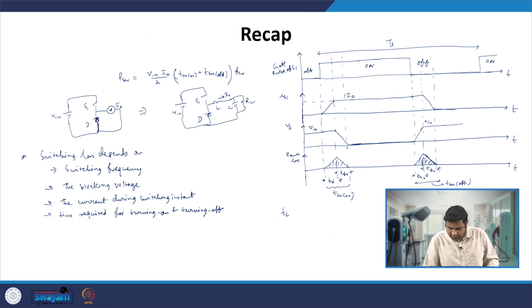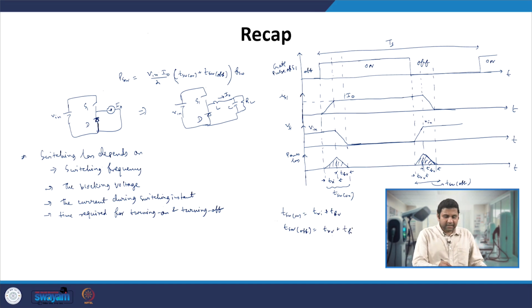So we can write T switch on as equal to TRI plus TFV, and T switch off as the rise time of voltage plus the fall time of current, and the switching frequency FSW. This is because we have assumed an inductor at the output of this bridge.